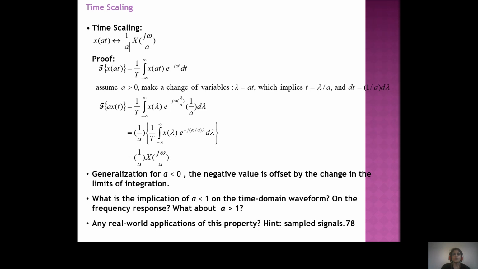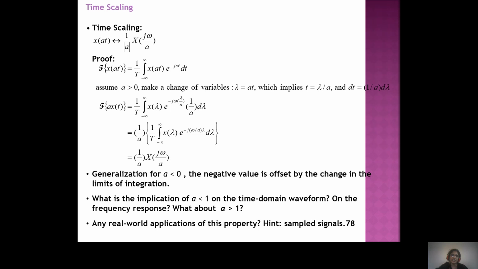Proof: Fourier of x(at) is equal to 1 by T integral from minus infinity to infinity of x(at) e power minus j omega t dt. Assume a is greater than 0. For making a change of variables, assume lambda equal to at, which implies t equal to lambda by a, and dt is equal to 1 by a d lambda. So substitute these values in this equation.